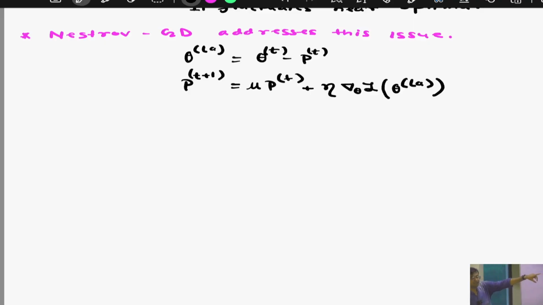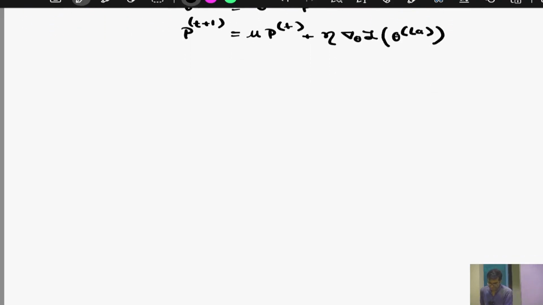So your gradient is now evaluated at the look ahead point, and that helps you arrest that fluctuation near the optima to a certain extent. I will not say it is perfect, but to a certain extent it does that, because you are now evaluating at a point which is coming next. As a result, that fluctuation is reduced.